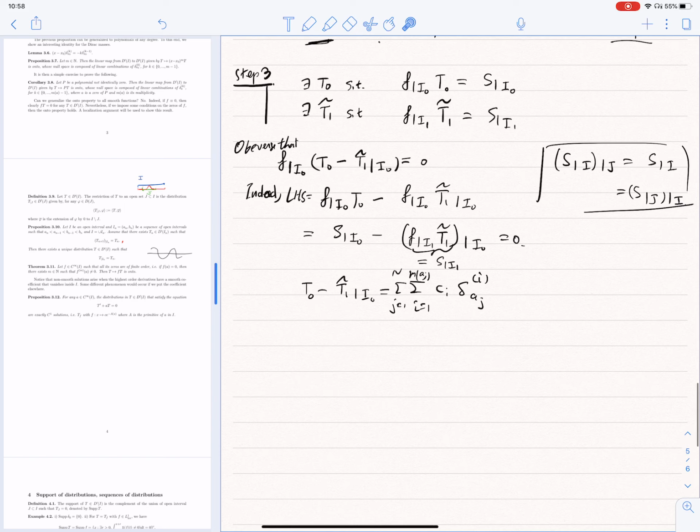So now the adjustment that we are going to make is the following.